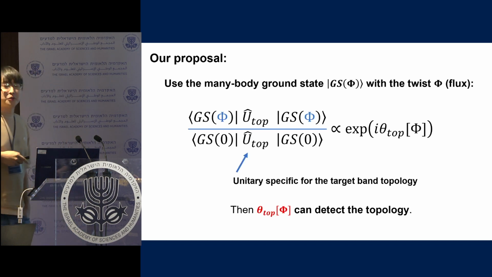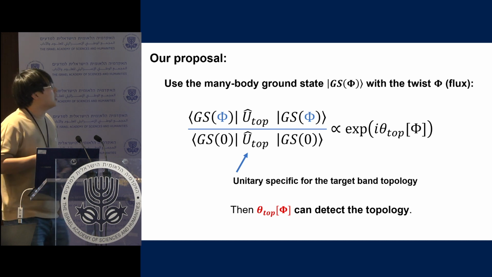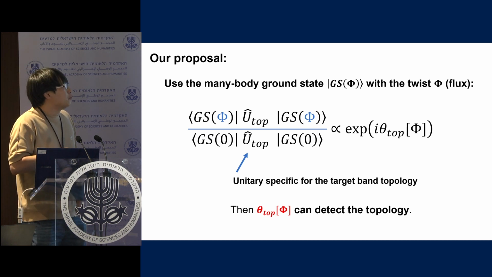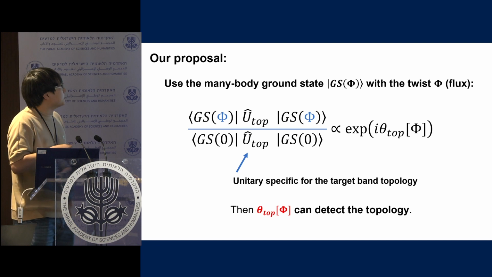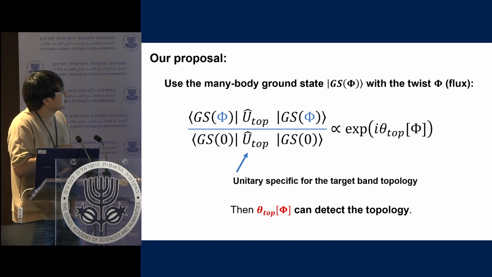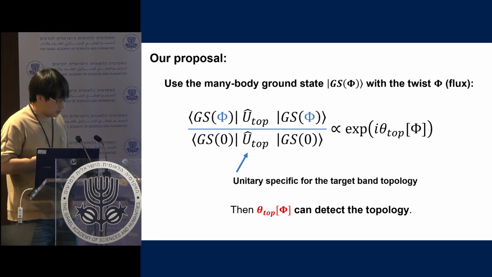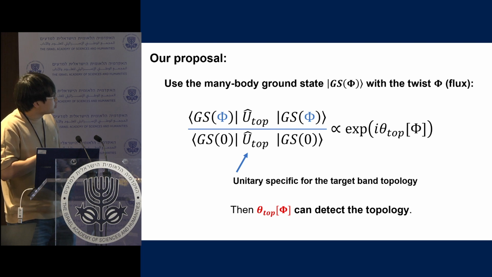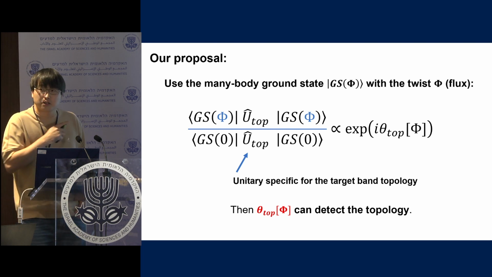So our proposal to detect the topology without band picture is the following. I need to consider the many-electron ground states with a certain magnetic flux inserted into the state. And then I take the ratios of certain overlaps of the ground states with some unitaries inserted in between.